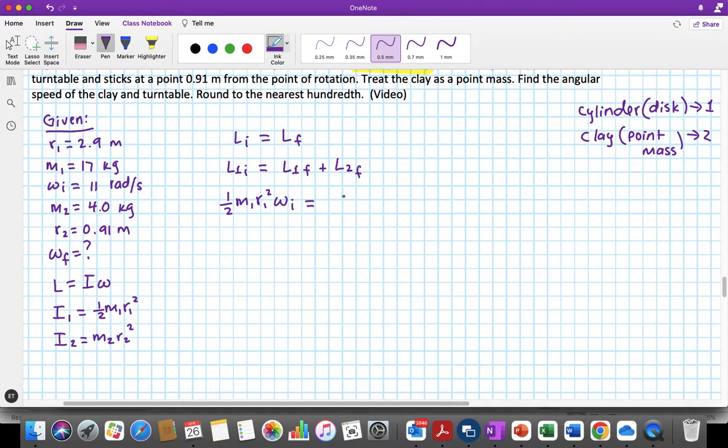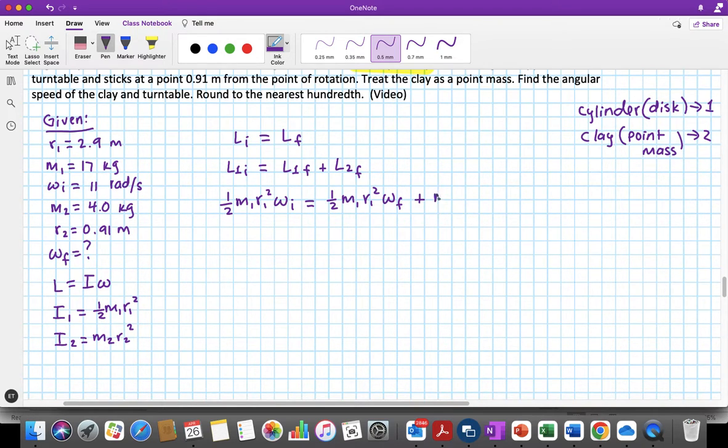That should be equal to now 1/2 m1 r1 squared, because the radius did not change, nor did the mass, times the final angular velocity, plus now the angular momentum of the point mass.